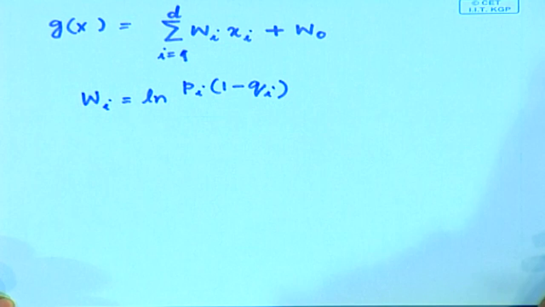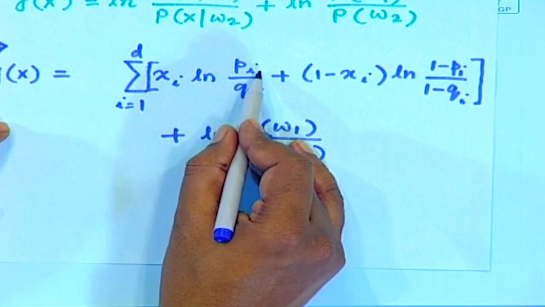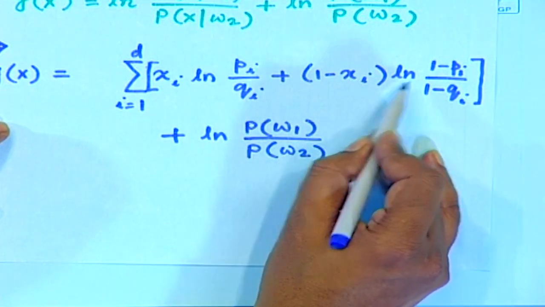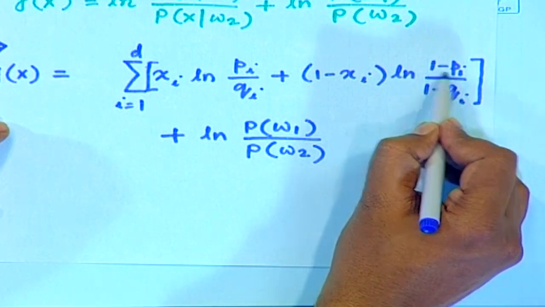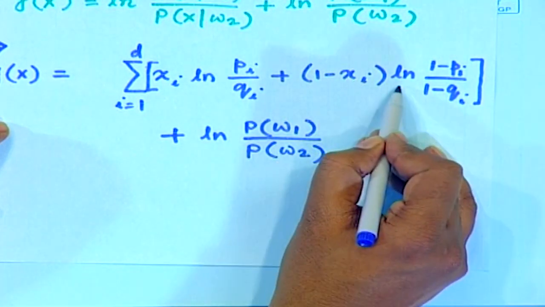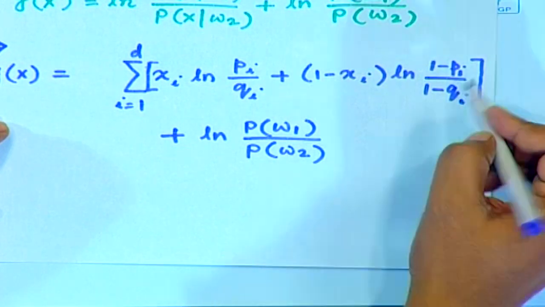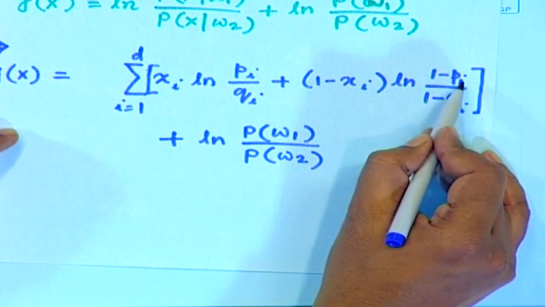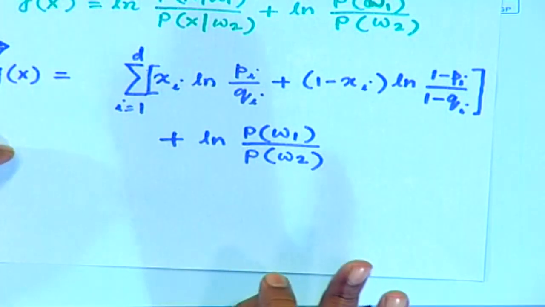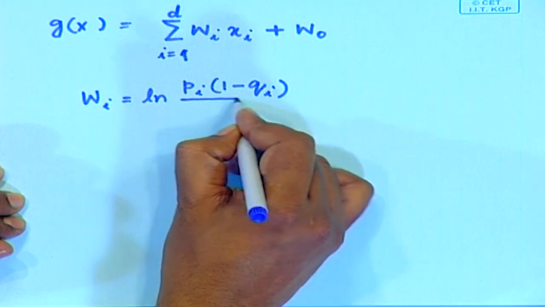That is quite obvious, because this becomes xi into log of Pi minus xi into log of Qi plus xi into log of 1 minus Qi minus xi into log of 1 minus Pi. So, the 1 minus Qi term goes to the numerator and the 1 minus Pi term comes to the denominator.